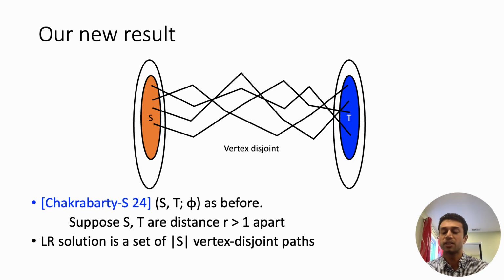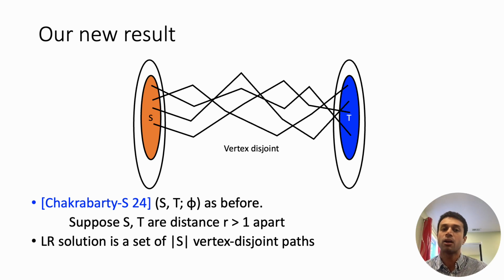Our result actually is you take that idea, and if you work with that idea, you can prove something stronger. So let's take S, T, and phi just as before. Now assume that S and T are distance r greater than 1 apart. So they're at least distance 2 or more.